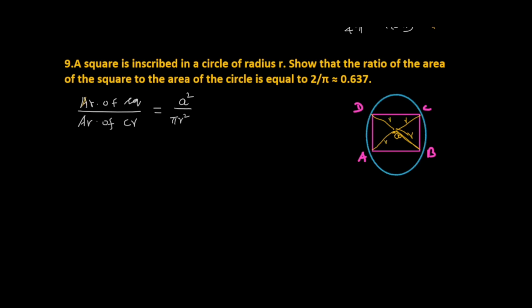So we know very well that the diagonals of the square bisect perpendicularly. This is the diagonal property of the square. I'll draw it clearly and show.